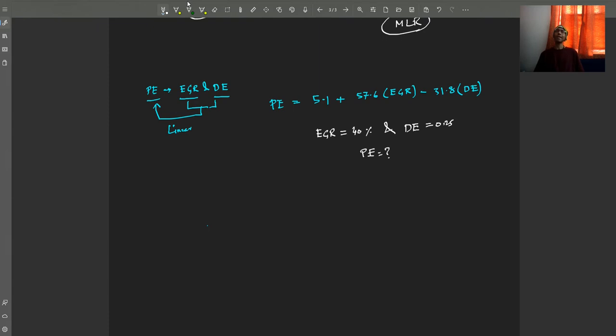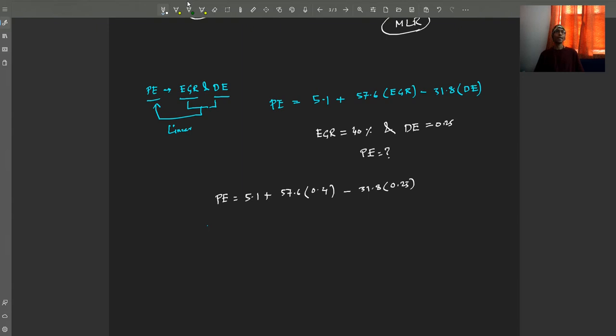So the method is very easy, friends. We just plug in the values here. PE is equal to 5.1 plus 57.6 multiplied by 0.4, which is the earnings growth rate, minus 31.8 multiplied by 0.25, which is the debt to equity ratio, or DE.